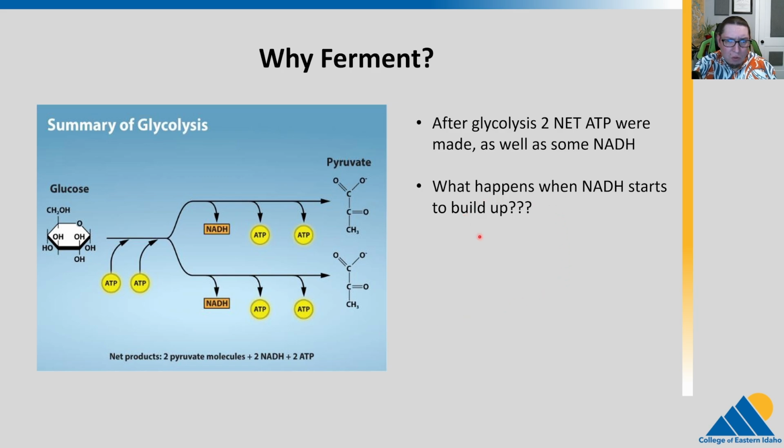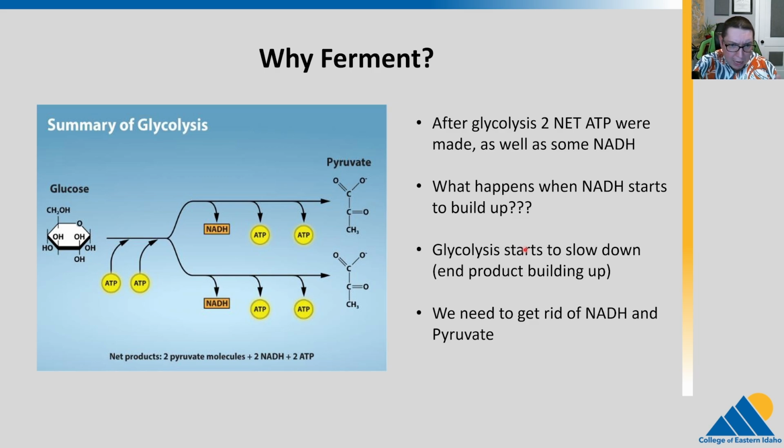But what happens when NADH and pyruvate start to build up? So they're going to build up and up and up. And glycolysis, this series of reactions, is going to slow down because our end products are building up. So we really need to get rid of that NADH and that pyruvate to keep glycolysis going.